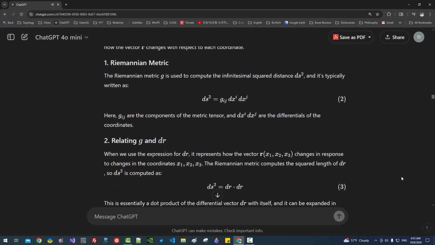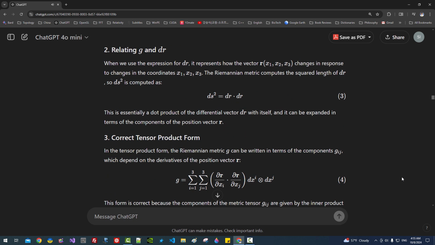Riemannian metric. The Riemannian metric g is used to compute the infinitesimal squared distance, ds squared, and it's typically written as ds squared equals gij dxi dxj (2). Here, gij are the components of the metric tensor, and dxi dxj are the differentials of the coordinates.